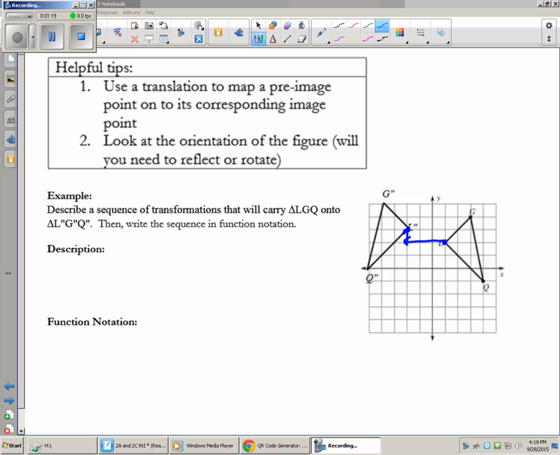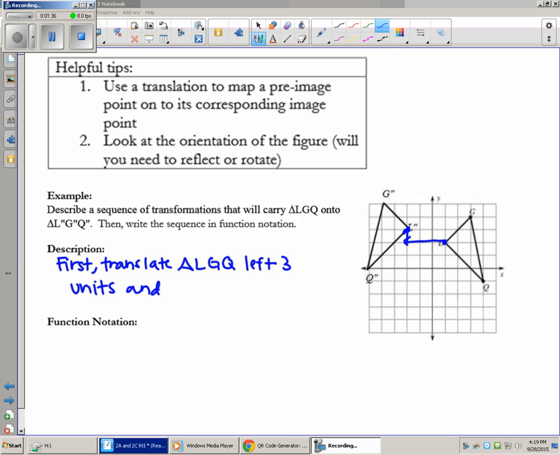So first, translate triangle LGQ left 3 units and up 1 unit. So now that puts our figure here.